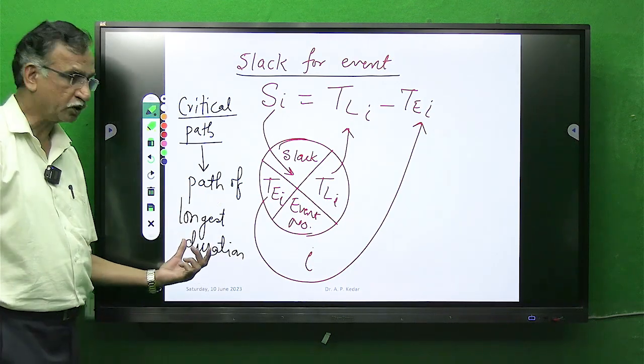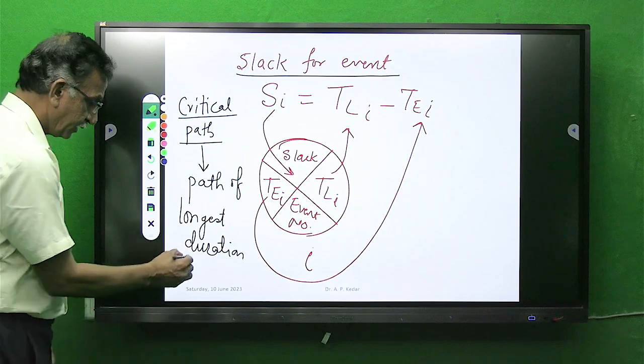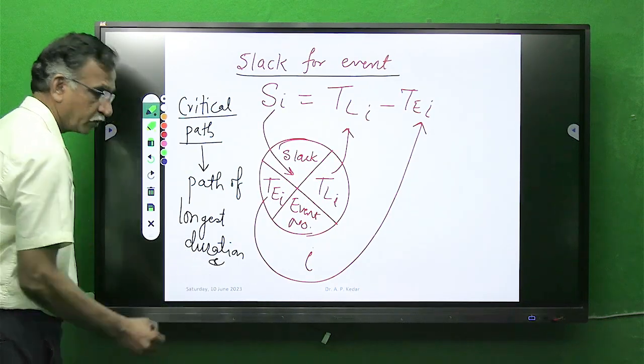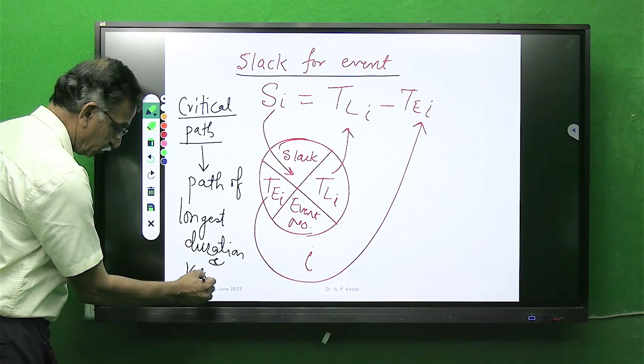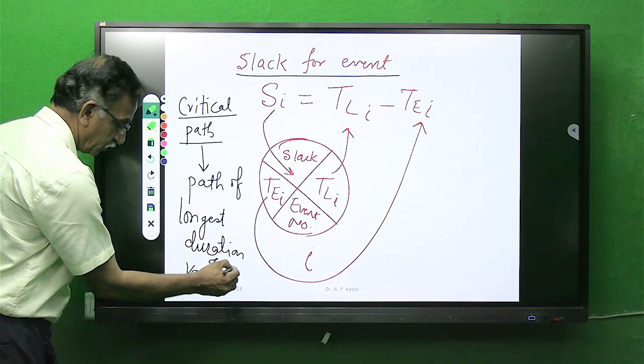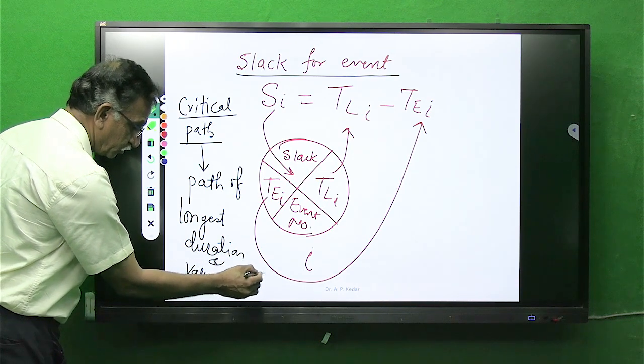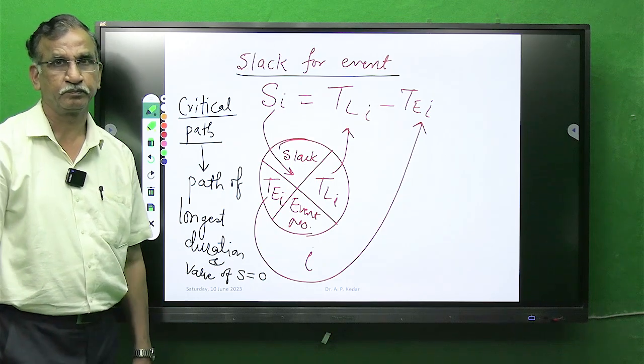And important, value of slack is equal to 0 on critical path.